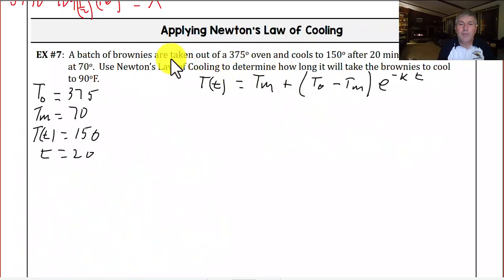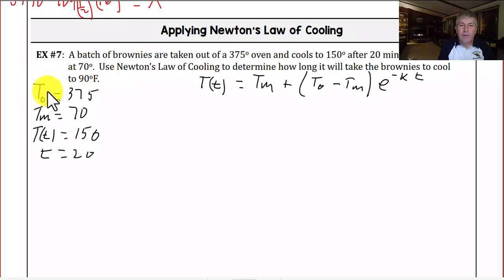In example 7, we're going to apply Newton's law of cooling. We've got a batch of brownies taken out of a 375 degree oven, and it cools to 150 degrees after 20 minutes in a room that's 70 degrees. Use the law of cooling to determine how long it will take the brownies to cool to 90 degrees. Well, let's take a look at our given information.